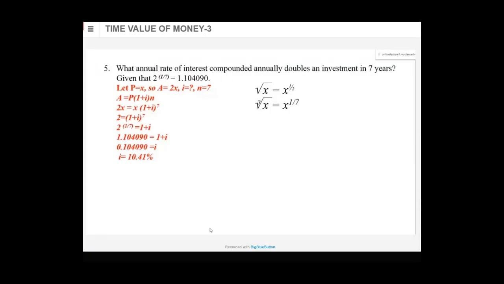Calculate and say whether you are getting that answer 1.104090. You yourself calculate and say. 7th root of 2. I'm not saying mobile. I'm saying normal calculator. Try. I'm giving you 2-3 minutes. Another 1 minute I'm giving you. 2 ka 7th root.